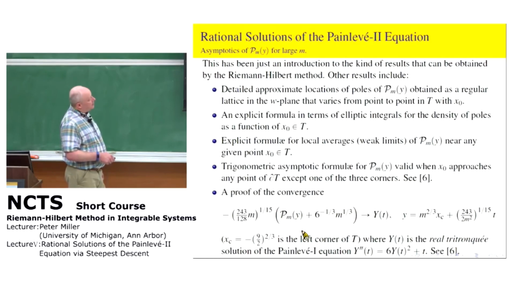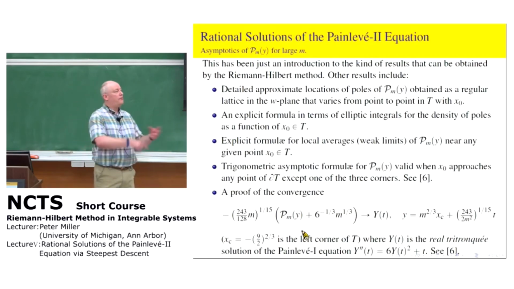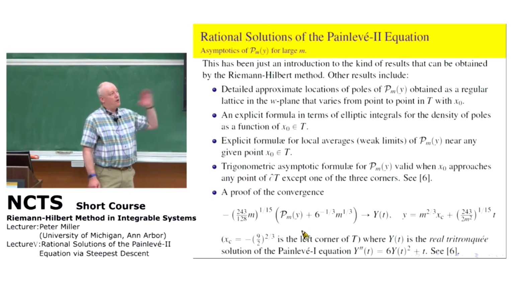But now we discover that this function Y of t is not any old solution of the Pendulum 1 equation. It's the so-called real tritronquée solution of the Pendulum 1 equation. That's the unique solution that has no poles in some really huge sector of the complex plane. And guess what? That sector matches exactly onto the exterior part near the corner where there are no poles, right?